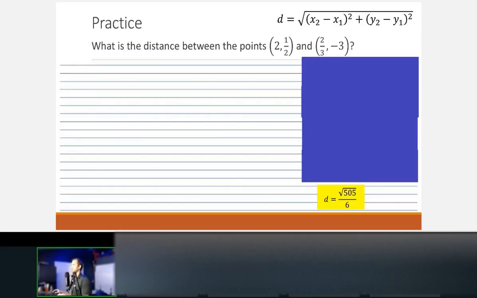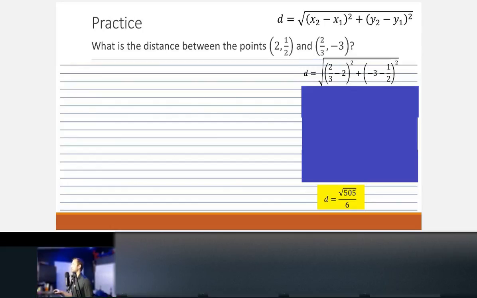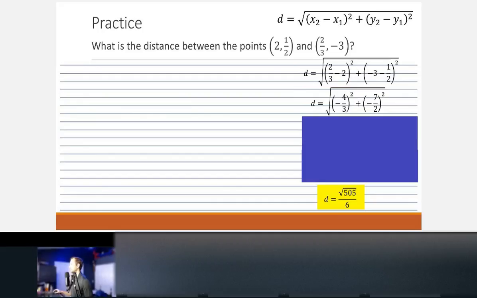All right, so did everyone get the setup correct? Pretty sure I know where the mistake is made. Did everyone simplify correctly? I'm going to assume everyone also did that correct.